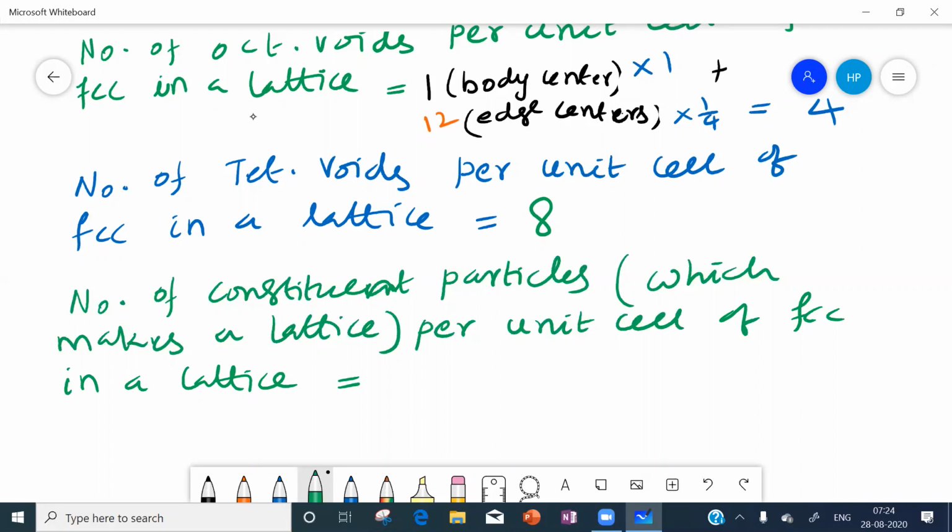Constituent particles are those which make the lattice. Due to this lattice, tetrahedral voids and octahedral voids are created.